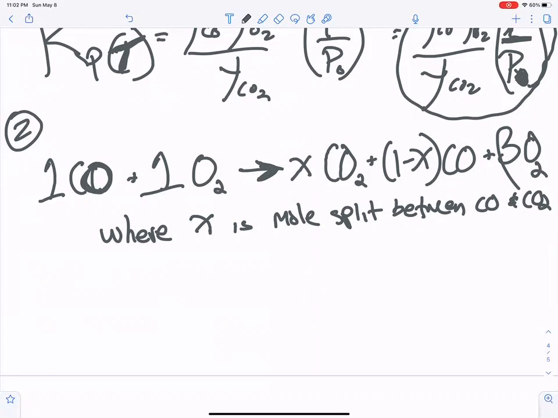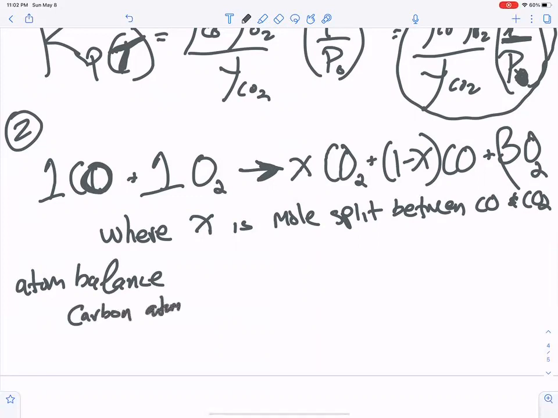Then we can use atomic balances, element balances, to try to narrow down the variables. So for the carbon atom, on the left side, we have 1 carbon atom per CO. It's CO, so there's only 1 carbon in there, so it's 1.